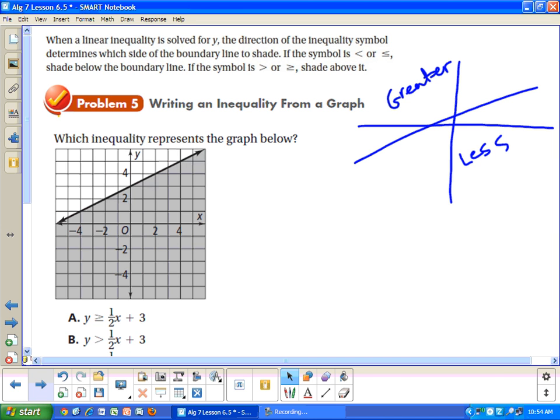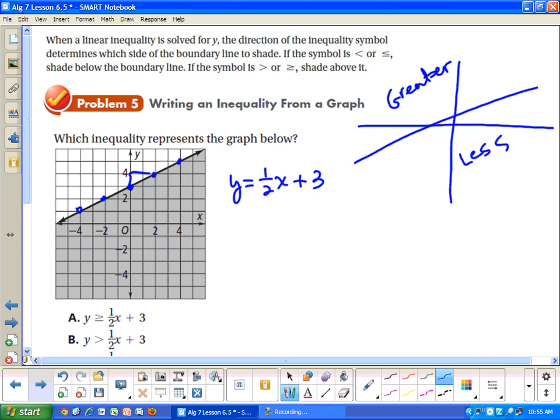So we can look at a graph like this and make the inequality by finding the equation of the boundary line. And to do that, let's look at the slope and the y-intercept. The y-intercept is 3, and the slope is up 1 over 2, which is 1/2. So the boundary line is actually y equals 1/2 x plus 3.